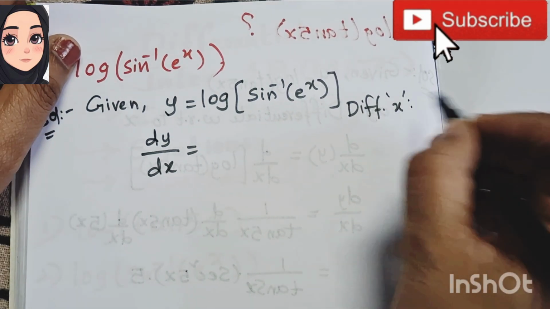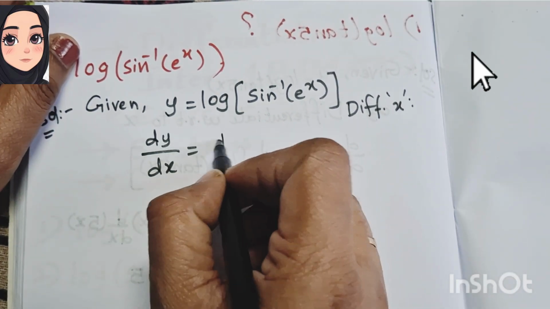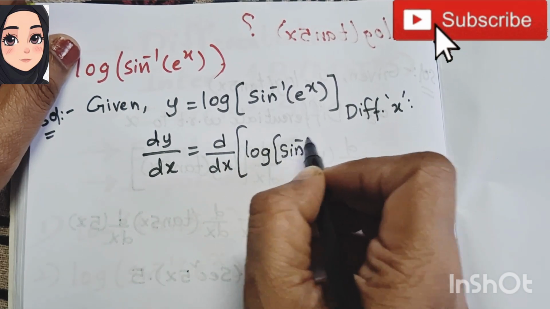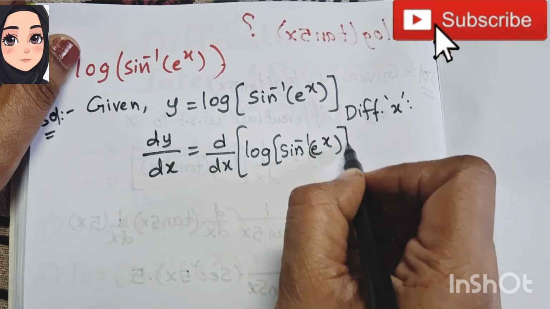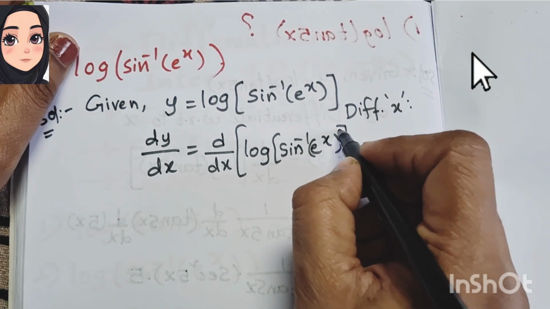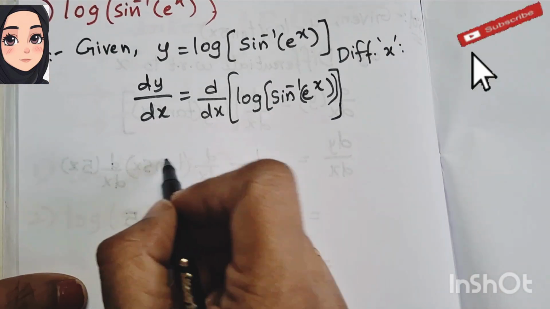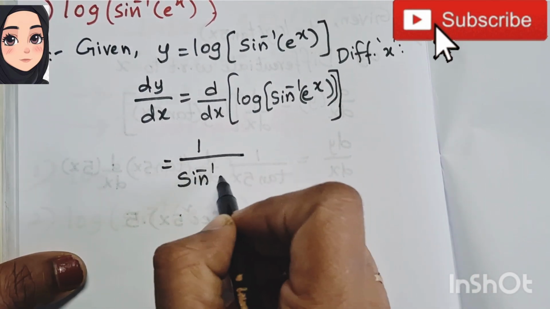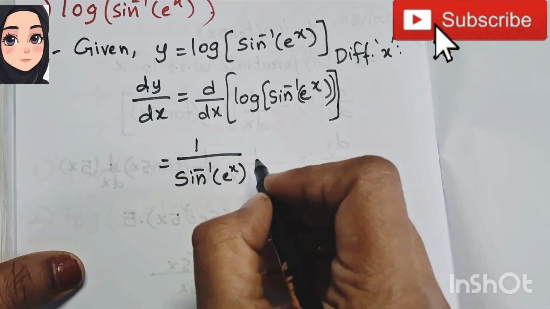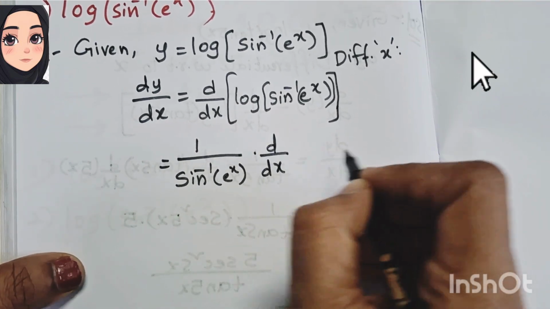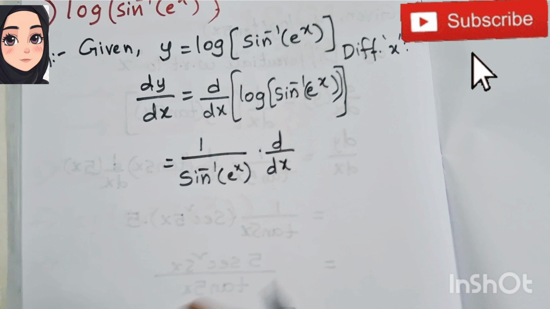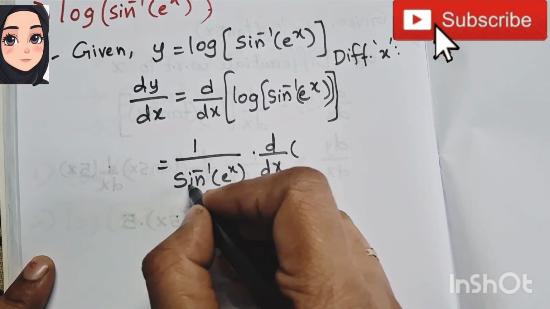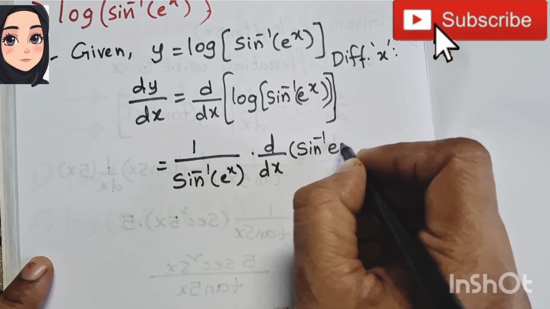So dy by dx is d by dx of log of sin inverse e power x. Now d by dx of log of sin inverse e power x is 1 by sin inverse e power x, into d by dx of sin inverse e power x.